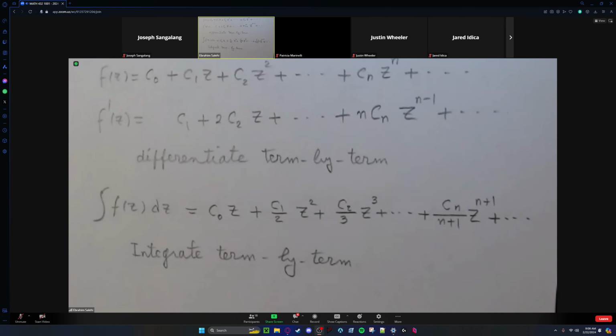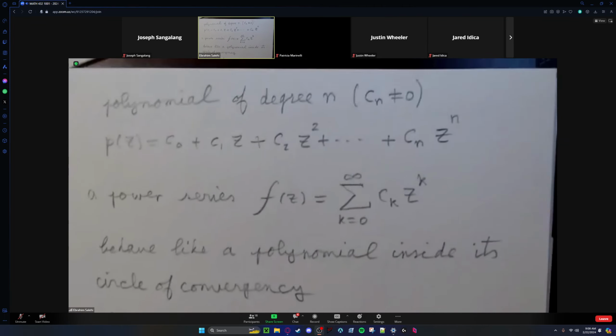This is what I meant by power series. In a way, behave like polynomials. It's a generalization of polynomials. But remember, inside its circle of convergence, all right? Inside.